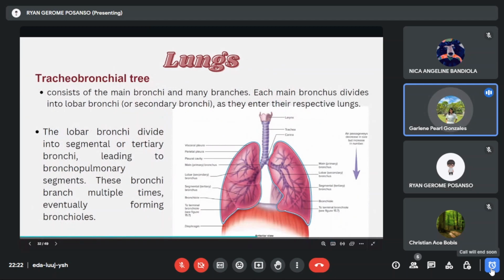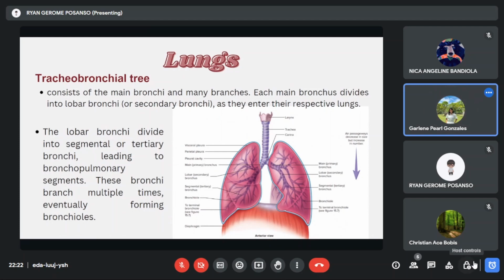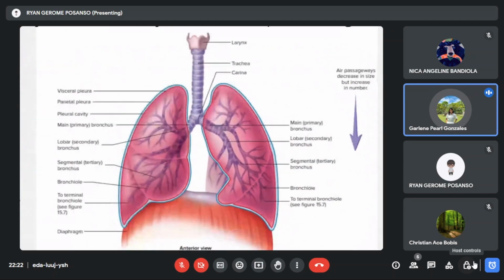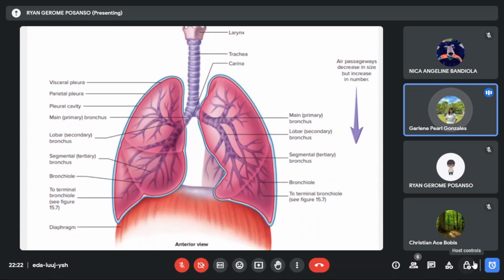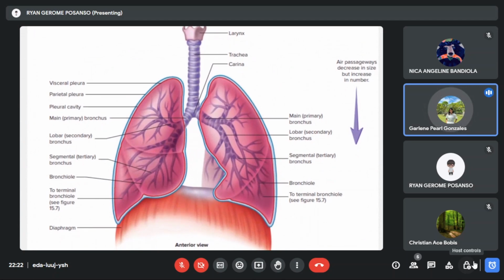So, tracheobronchial tree. It consists of the main bronchi and many branches. Each main bronchus divides into lobar bronchi or secondary bronchi as they enter their respective lungs. So, as you can see in that image, there are main bronchi and many branches, which is the main bronchus, which is the primary, and secondary is lobar bronchus, and the tertiary is segmental bronchus.